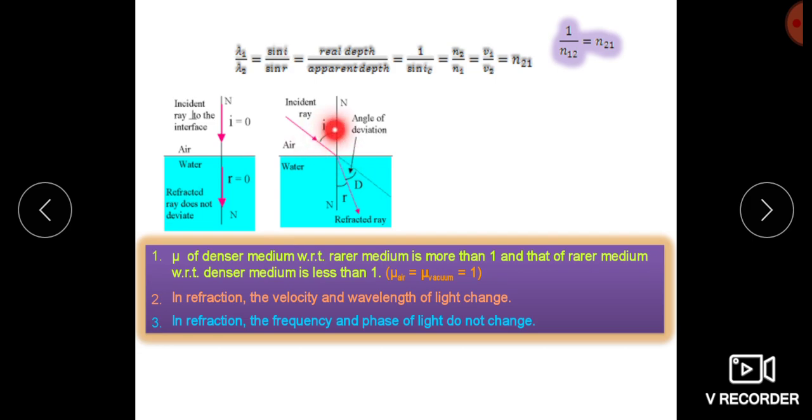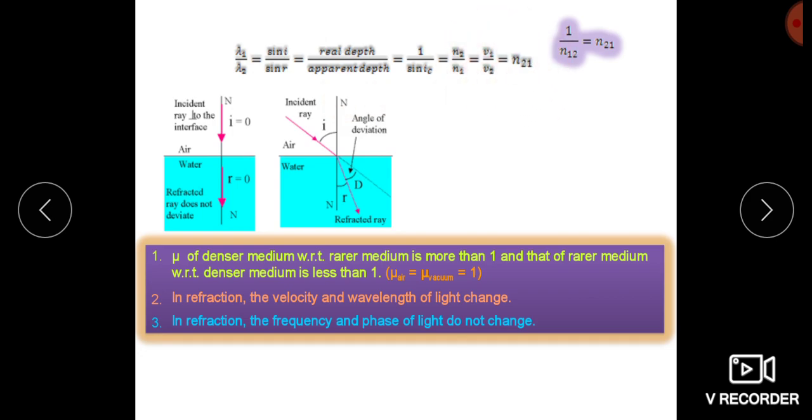The angle between the incident ray and the normal is known as the angle of incidence. This is the refracted ray, and this is the normal, of course. The angle between the refracted ray and the normal is known as the angle of refraction. So angle i is the angle of incidence, angle r is the angle of refraction. Sin i by sin r is nothing but the refractive index of these mediums.